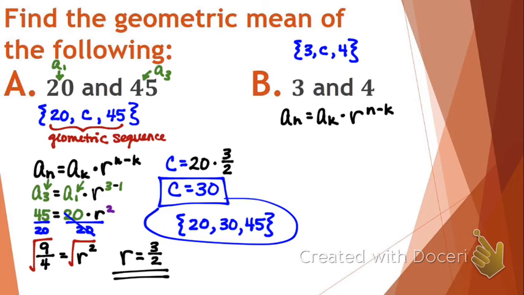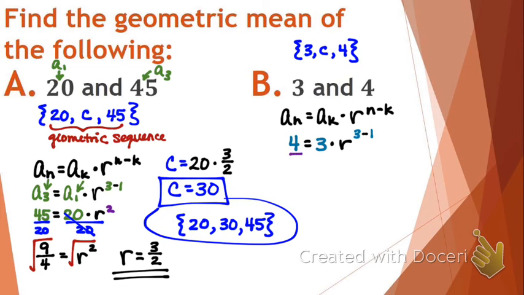Tell me what to substitute in. 4 equals 3 times r to the power of what? 3 minus 1, because we've got the third term and the first term.